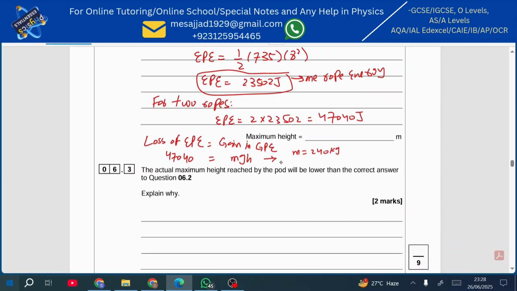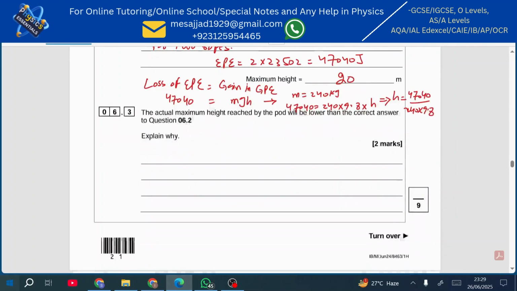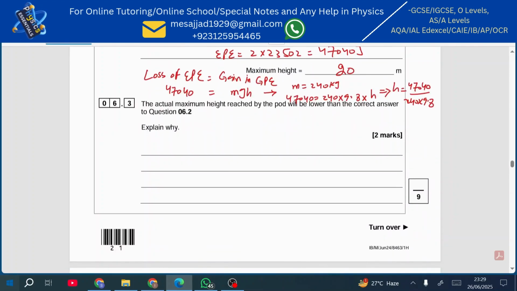So if I put in the values, 47,040 equals 240 into g value 9.8 into h, and after cross multiplication I am going to get 47,040 over 240 into 9.8, and when I calculate all of it, I get 20 meters. Okay, the actual maximum height reached by the pod will be lower than the answer in 6.2.